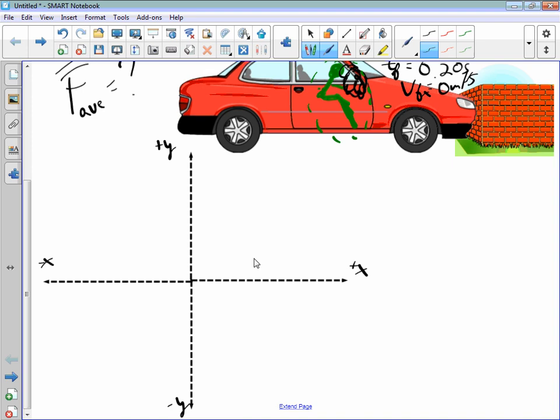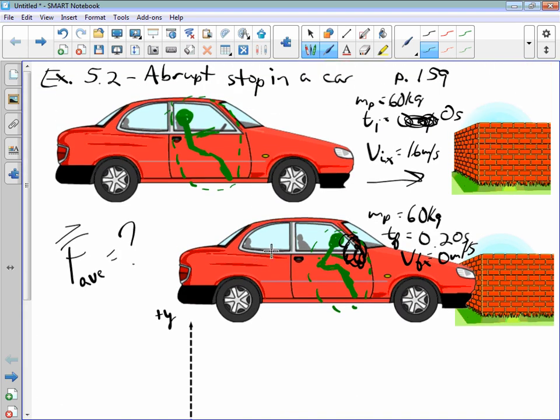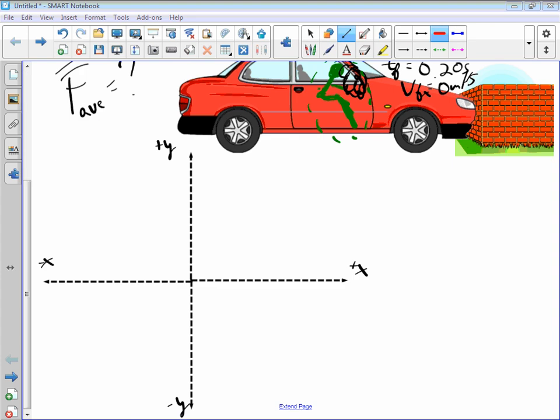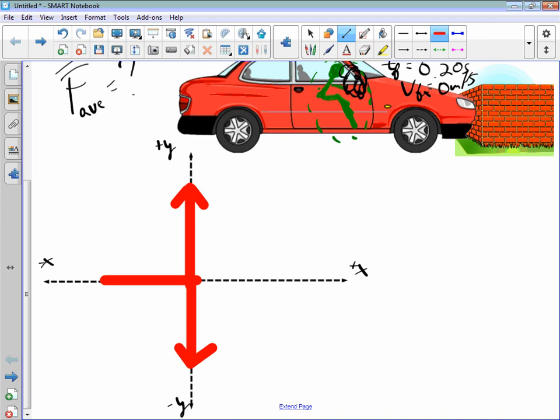I want to make a free body diagram of the forces on this person. There would be some sort of an upward force and some sort of a downward force, equal and opposite. And in order to accelerate to the left, or slow down, negative acceleration, there would have to be some sort of a force in the negative x direction.